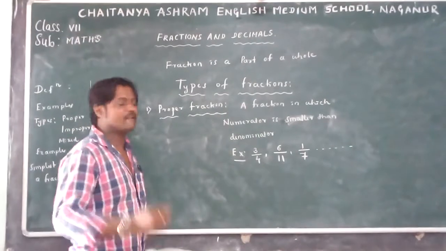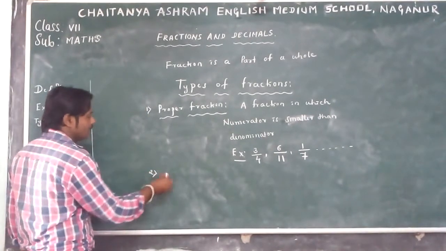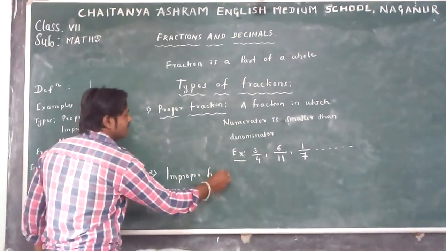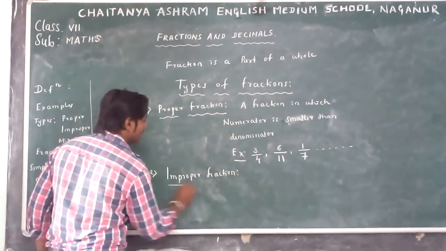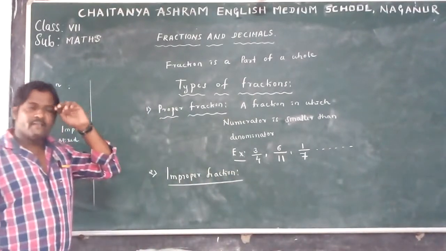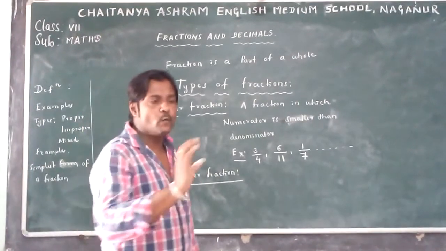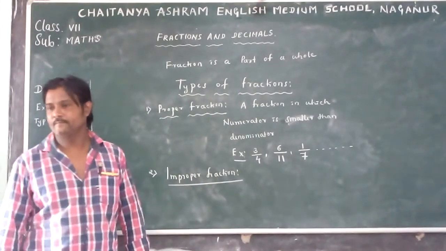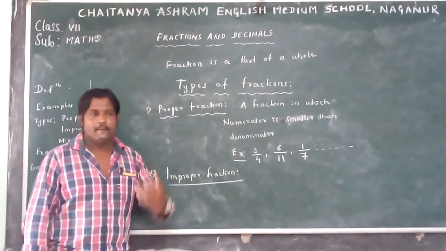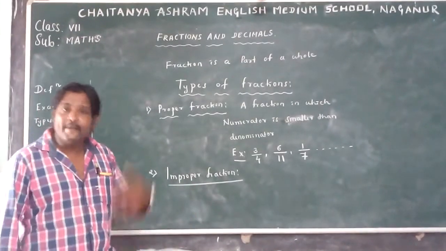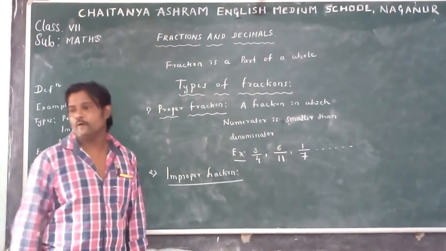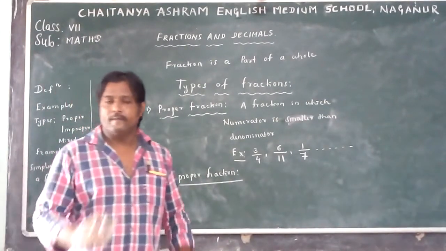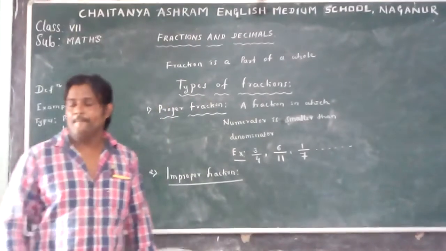Next, another type of fraction, that is improper fraction. Can anyone guess how an improper fraction is? If you learned last year, recall that and give me an example for improper fraction, or can anyone define what is improper fraction?